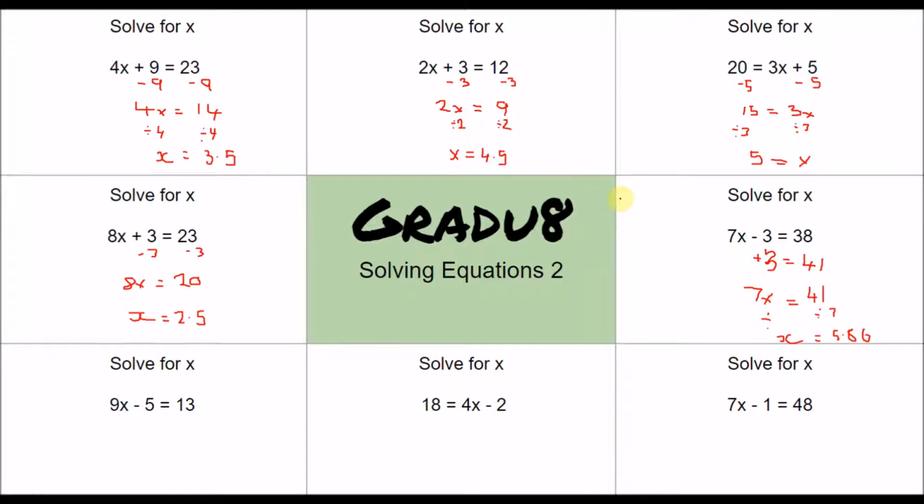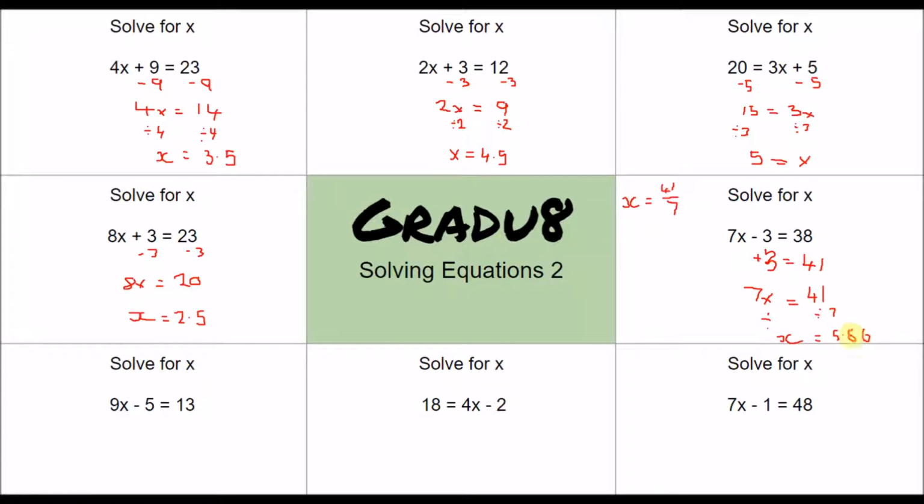If it's going to come out like a really horrible number, you can leave the stage of your workings as x equals 41 over 7. When you've got it like that, and you can see that it's a really horrible one, there's a good chance that will be accepted, but I would just lay it out on a bus stop and try and work it out. If you're not sure on division, just go back to the earlier videos and make sure you work through those.